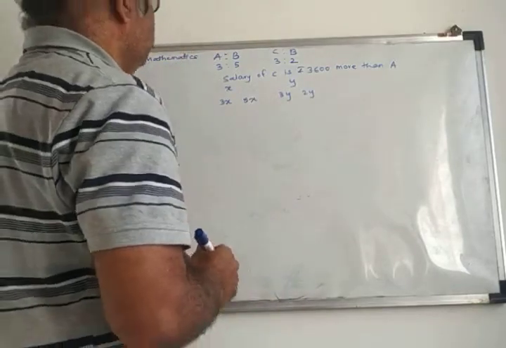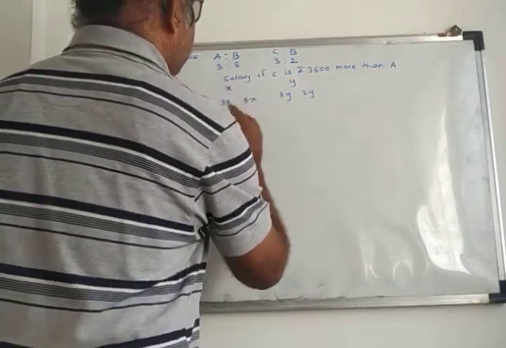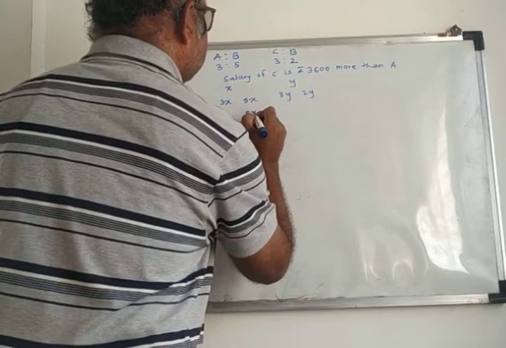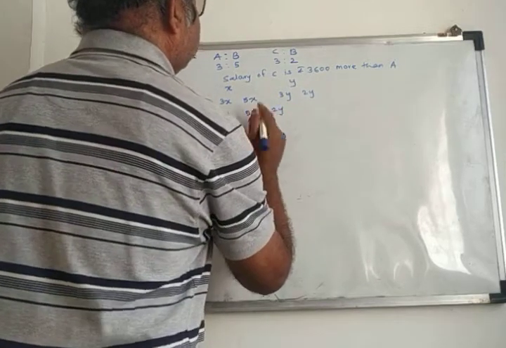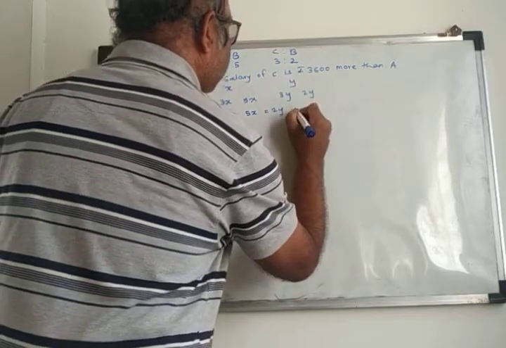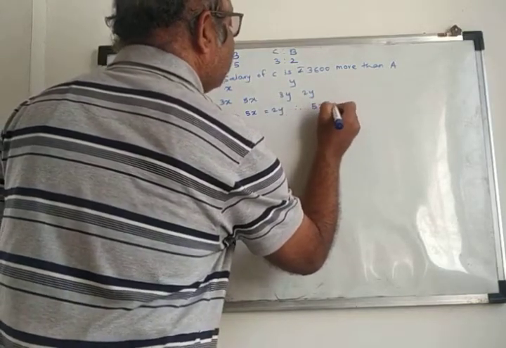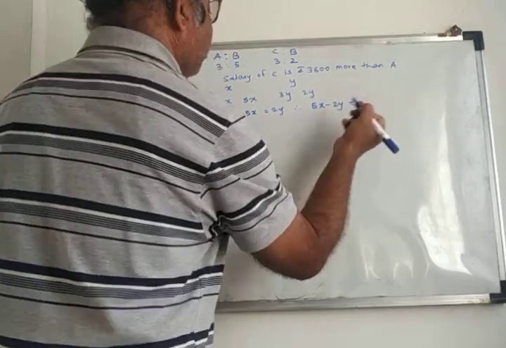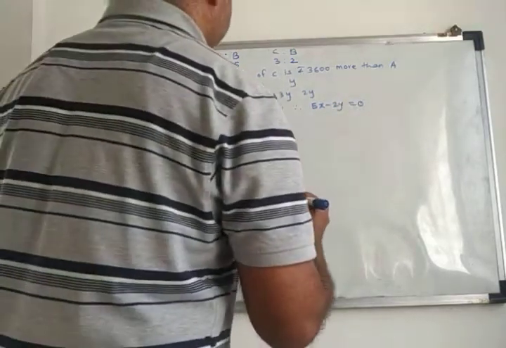Now you know that B is common, therefore we can say 5x is equal to 2y, the salary of the person B over here. From this we receive 5x minus 2y equal to 0, same as earlier.